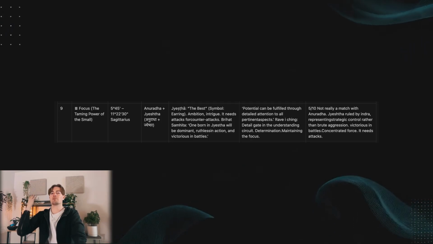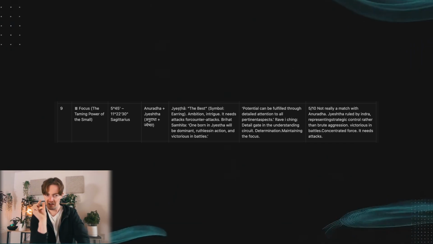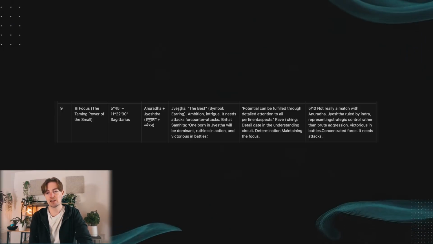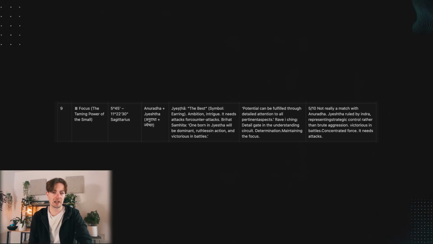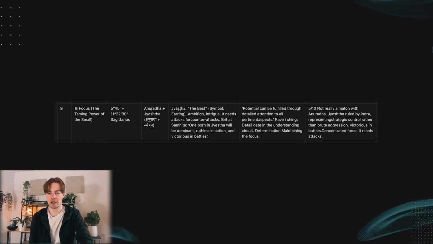But Jyeshta is much more victorious and glorious than the delicate, small focusing archetype of this 9th gate. So I'd give it a 5 out of 10. I do think it does well being in the Sagittarius sign in the tropical zodiac. I wouldn't exactly link it to Jyeshta Nakshatra though.